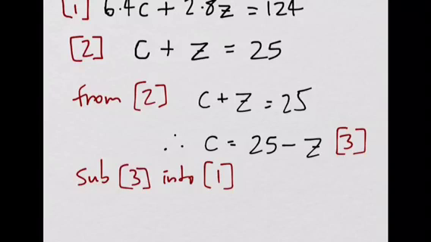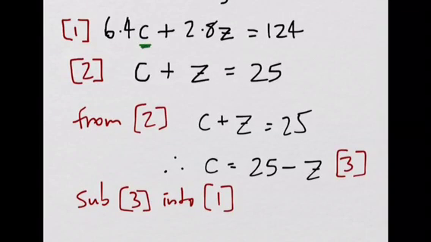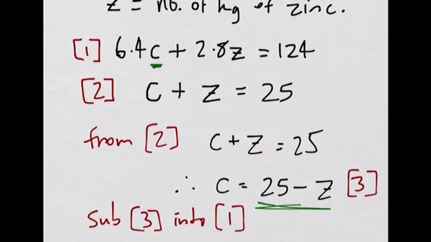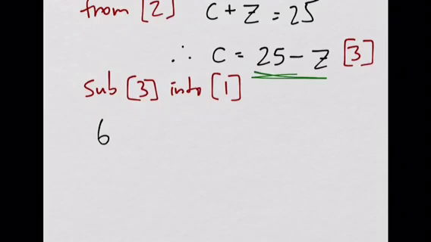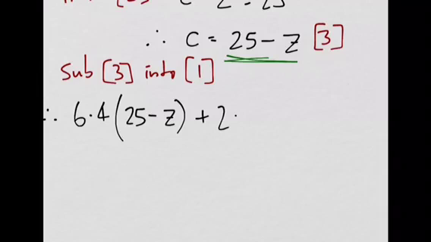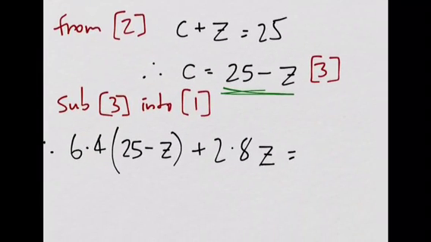Let's stick 3 into 1. Wherever we have C in equation 1, we're going to put this whole bunch. So in equation 1, 6.4 times C, which is now 25 minus Z, plus 2.8Z, equals $124.